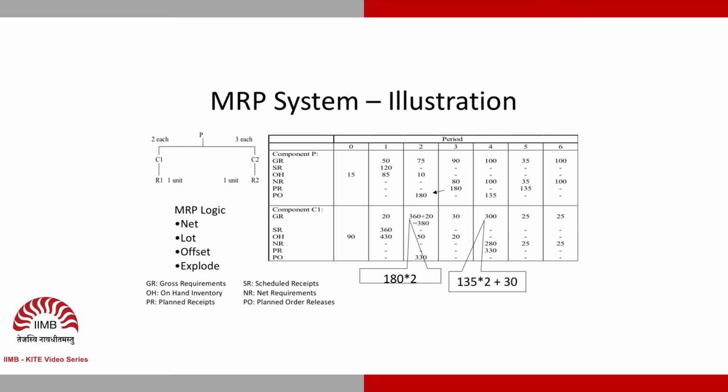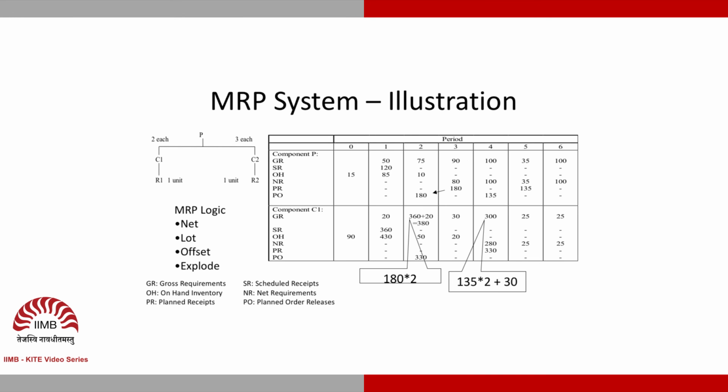Now, what is the next step we have to do? Explode, which means what are all the items required to make this component P, and we have to release orders for those items as well. So, for that we use the bill of material. If you look at the product structure given on the left top of the slide, item P requires component C1, and the quantity per requirement is 2.